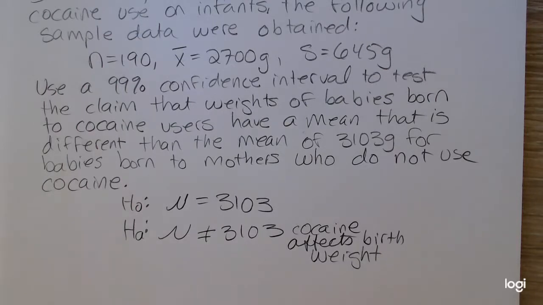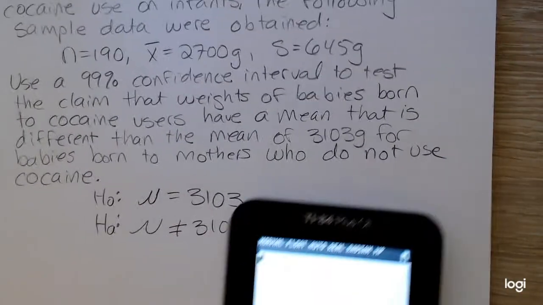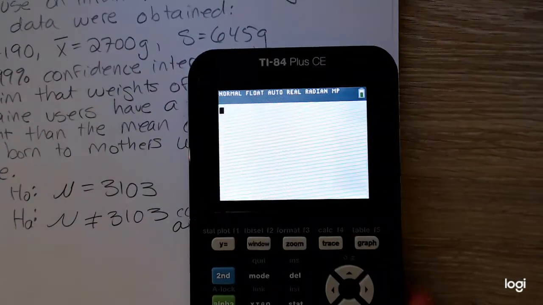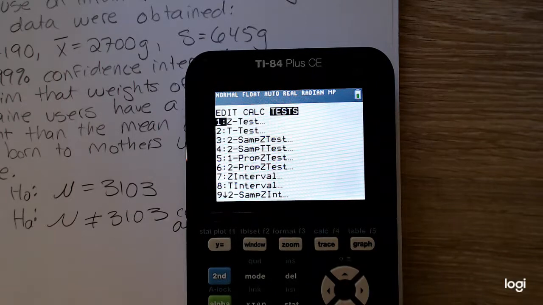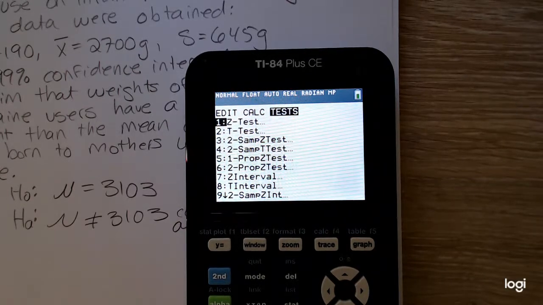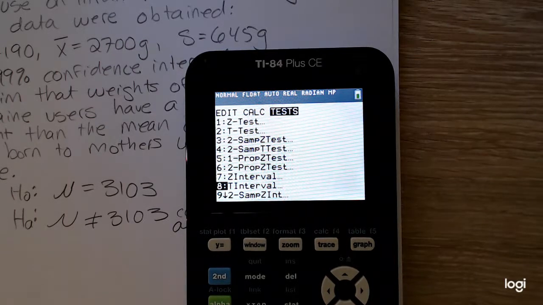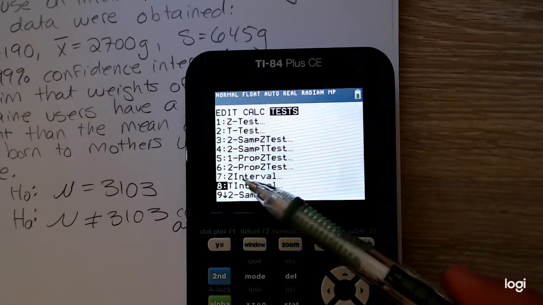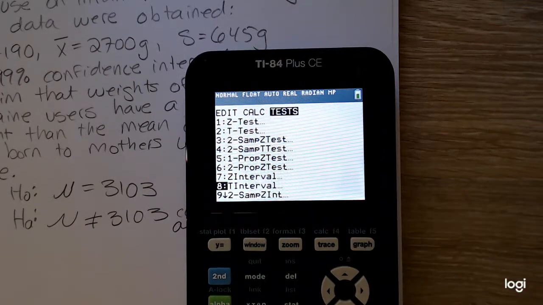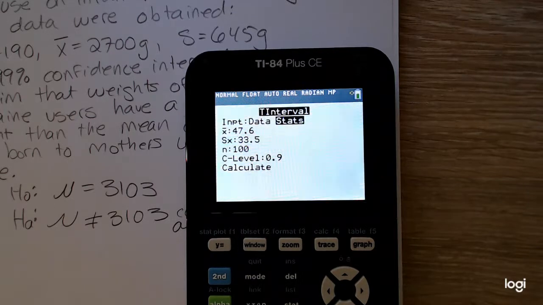So you want to go to your stat menu, over to tests, and down to the t-interval. If we knew the population standard deviation, then we would be using the z-interval. It's nearly the same procedure.